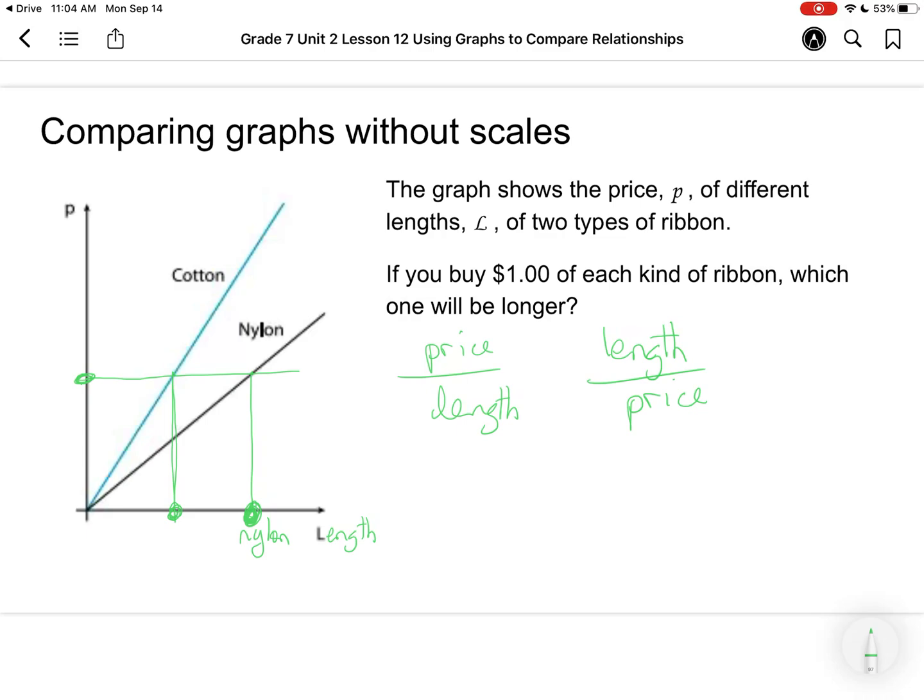So we couldn't look in this example at the steepness of the line because price was not on the x-axis, it was on the y-axis.